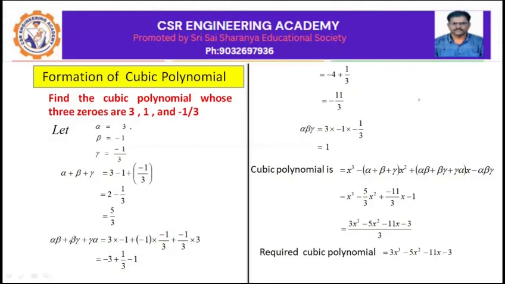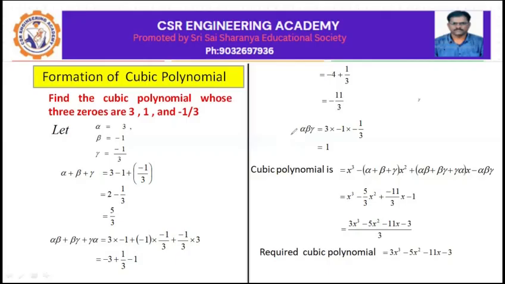Sum of product of two zeros taken in order, that is alpha beta plus beta gamma plus gamma alpha is equal to 3 into minus 1 plus minus 1 into minus 1 by 3 plus minus 1 by 3 into 3 is equal to 3 into minus 1, that is minus 3, minus into minus plus 1 by 3, plus 1 by 3 into 3 gets cancelled, 1 is equal to minus 3 minus 1, that is minus 4 plus 1 by 3 is equal to minus 4 into 3, minus 12 plus 1, that is minus 11 divided by 3.